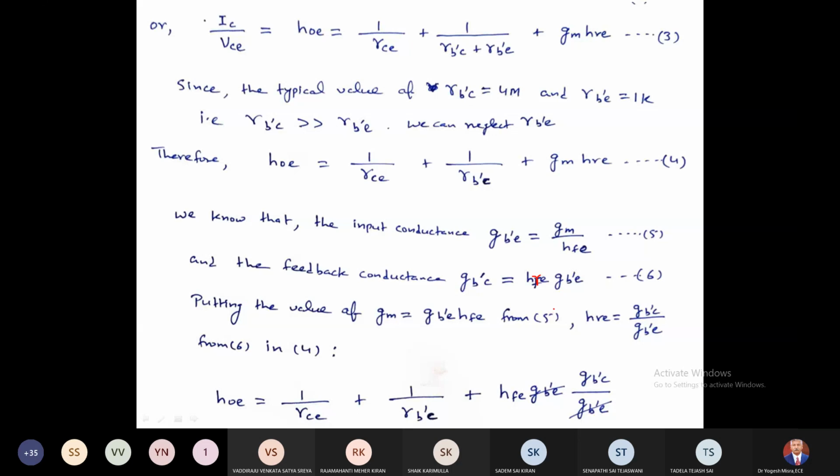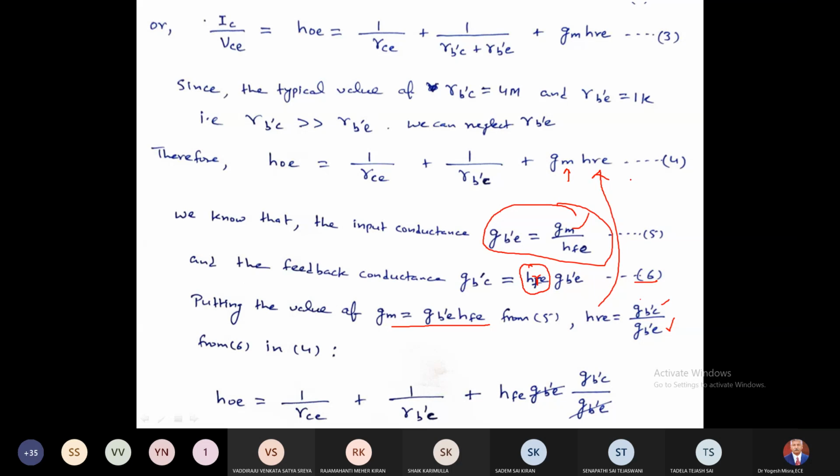So now what we will do? From this, I will take the value of GM and I will put it here, right? So putting the value of GM is equal to GB'E HFE from 5, and from expression 6, I will find out the value of HRE, as HRE will be GB'C by GB'E.